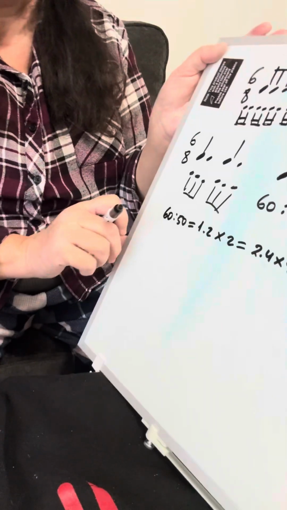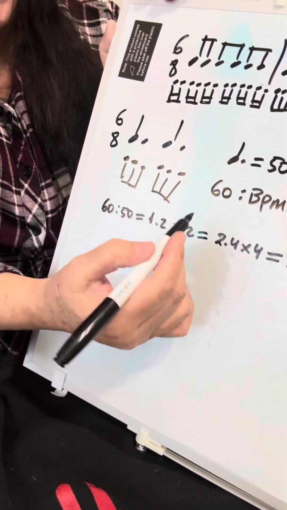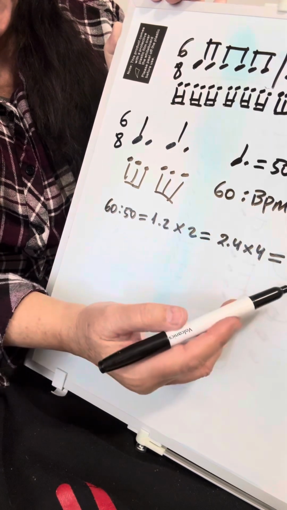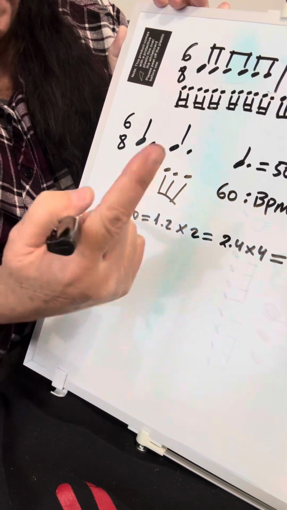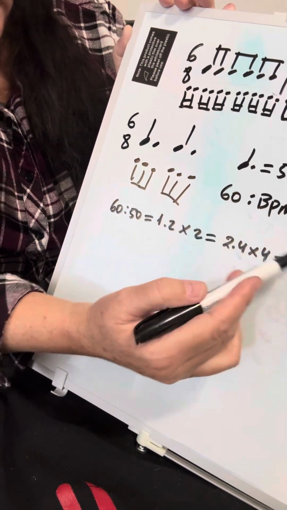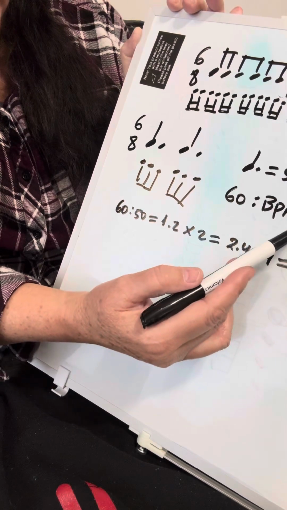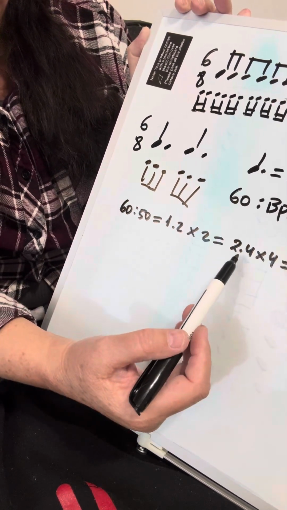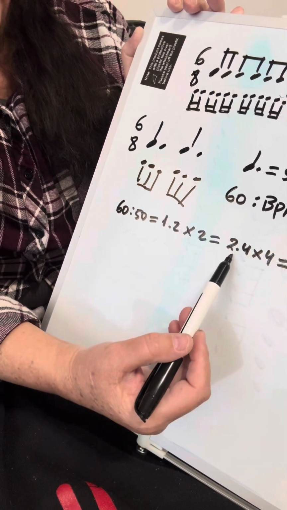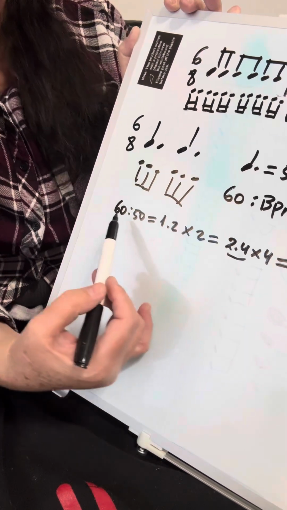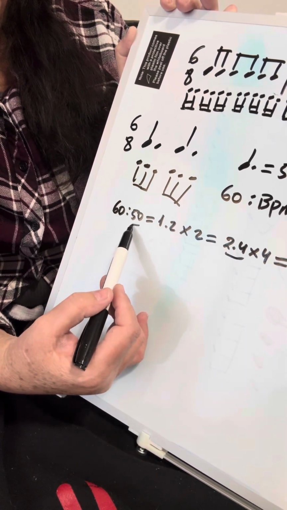The duration of 4 measures with the BPM equal to 50 is 9.6. The duration of 1 measure is 2.4. 2.4 is the duration of 1 measure when the BPM is 50.